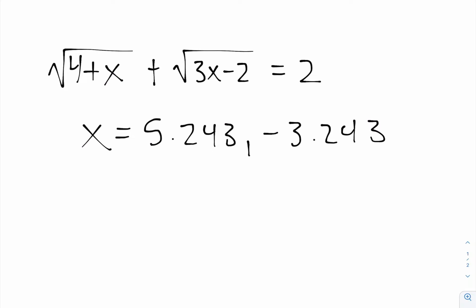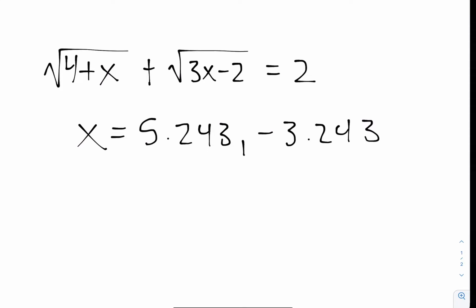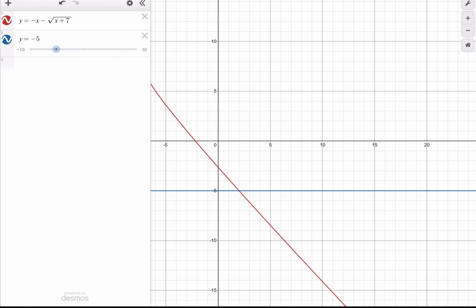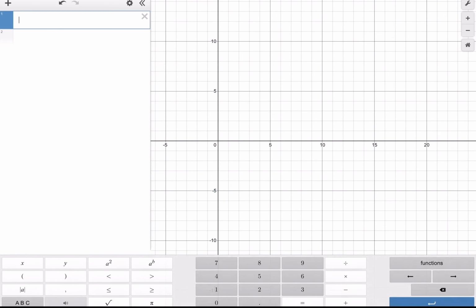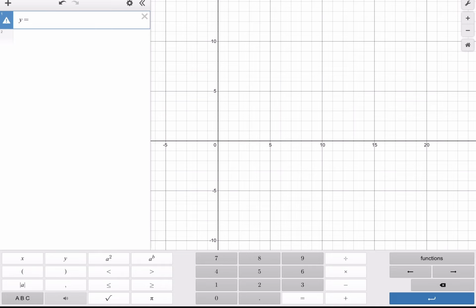If we were to graph it using the same method, I'm just going to move over to Desmos. So y is equal to the left side of our equation. We started with the square root of 4 plus x, and to that we added the square root of 3x minus 2.